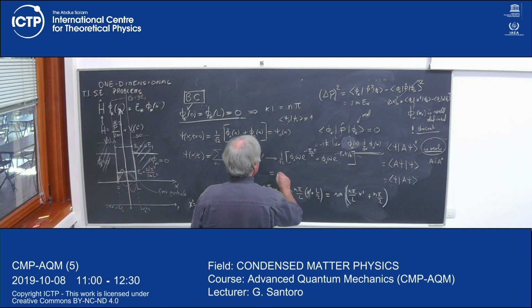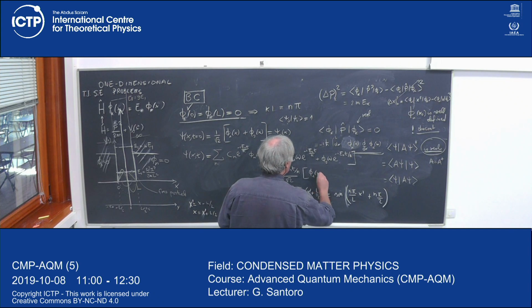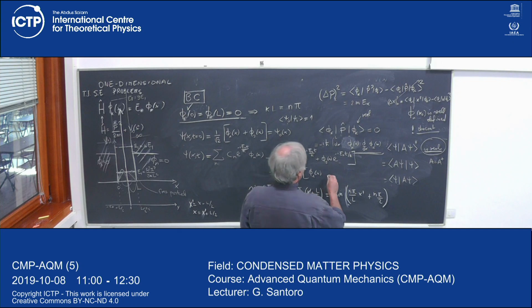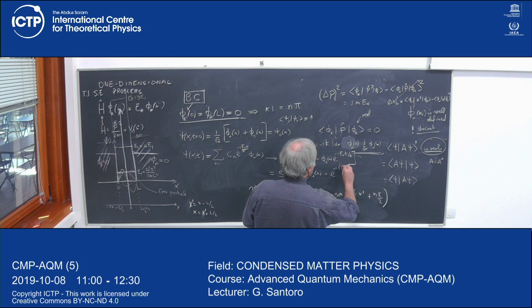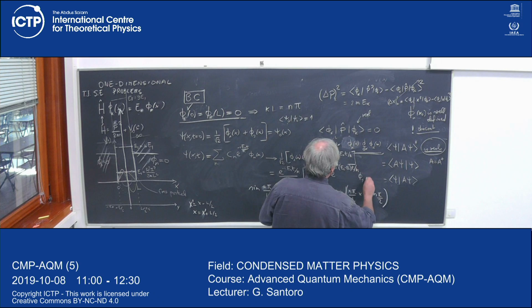Let's put this factor here in front. So e to the minus i E1 t over h bar over square root of 2, and then I have phi 1 of x plus e to the minus i (E2 minus E1) t over h bar phi 2 of x.